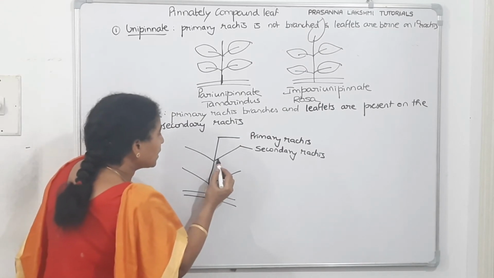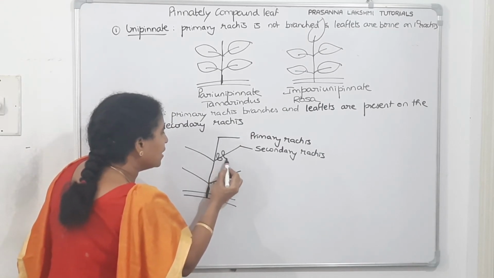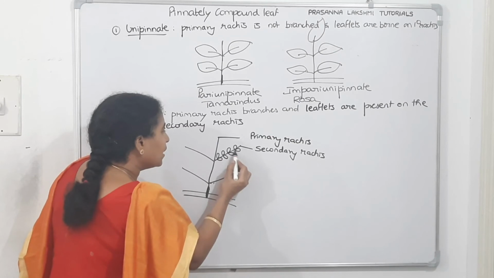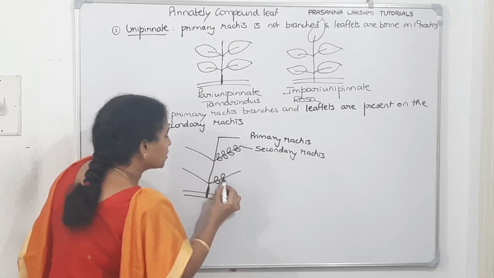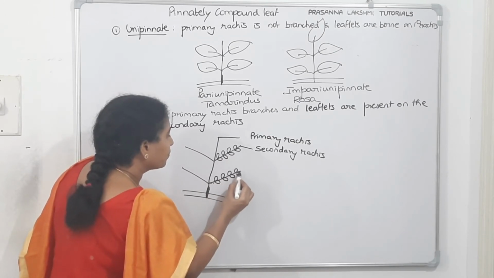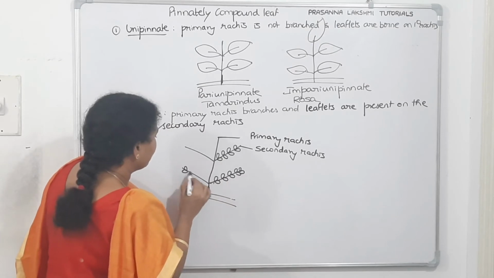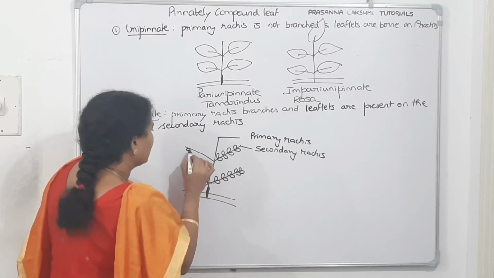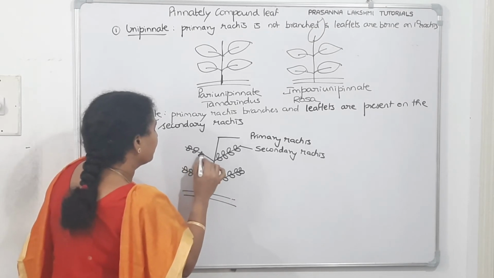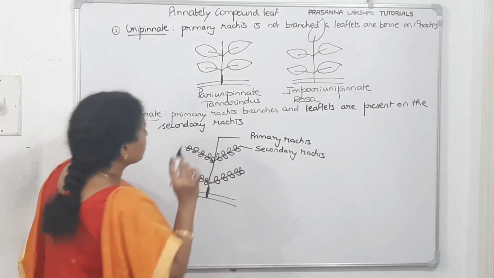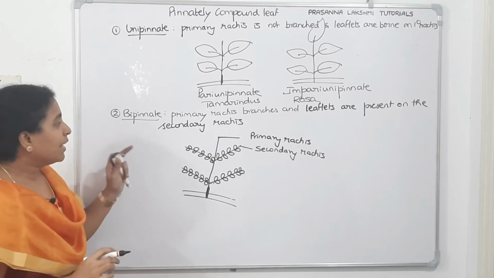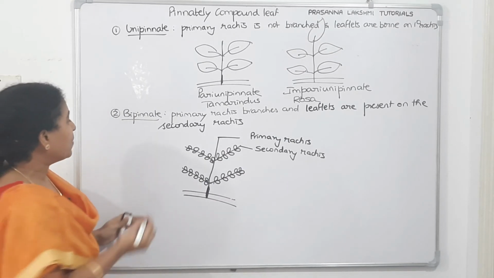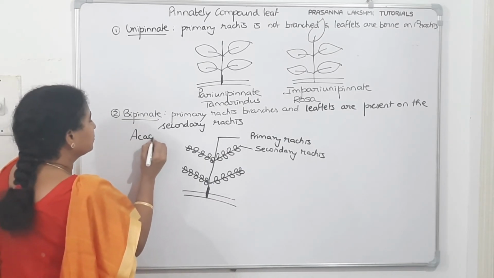So on the secondary rachis, like if these are the leaflets, if the leaflets are present, then that is called bipinnate. Right, children? So this is bipinnate, right? Now next one, tripinnate. Example for bipinnate is acacia.